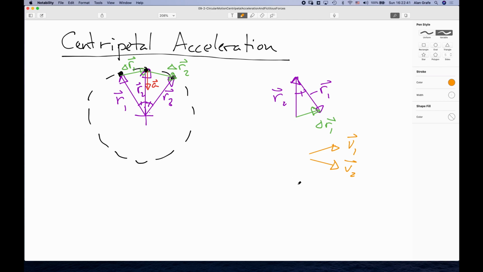So delta V would be V2 minus V1. So we would go ahead and draw in our V2, and we would add to that negative V1 like so. And that will give us, that's a nice color.